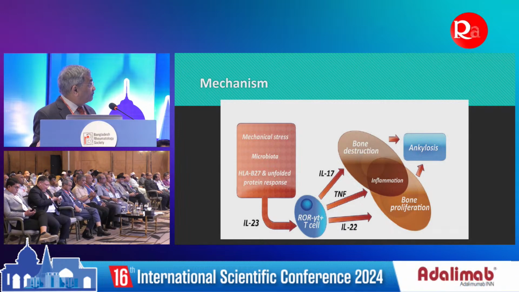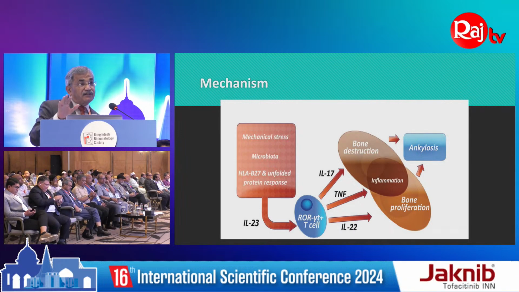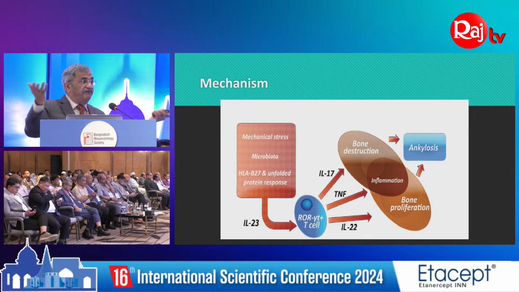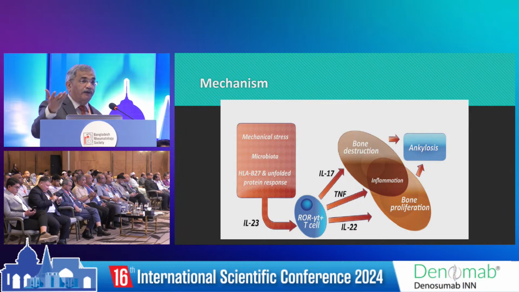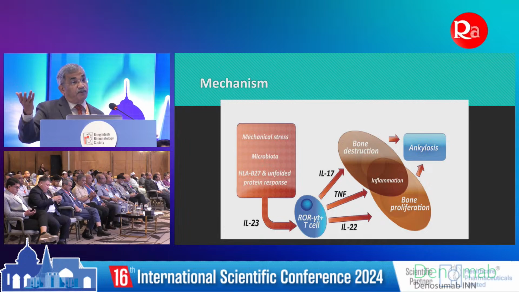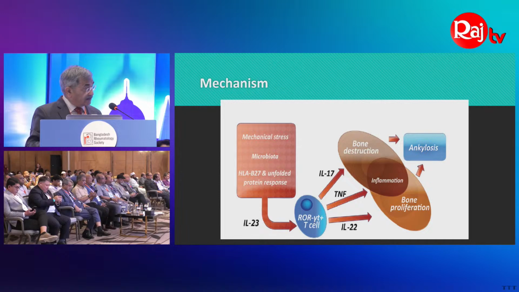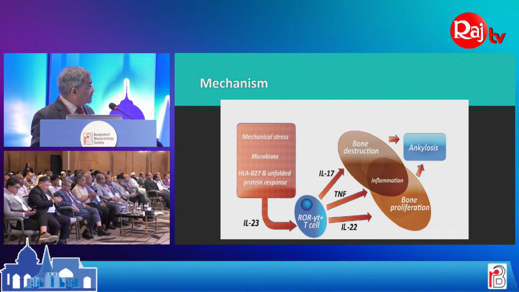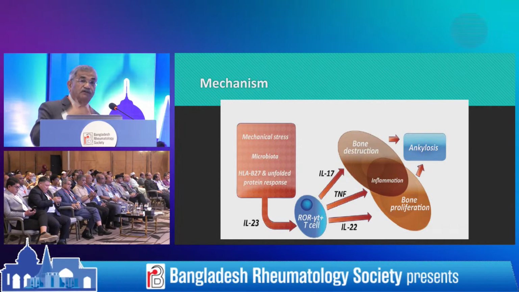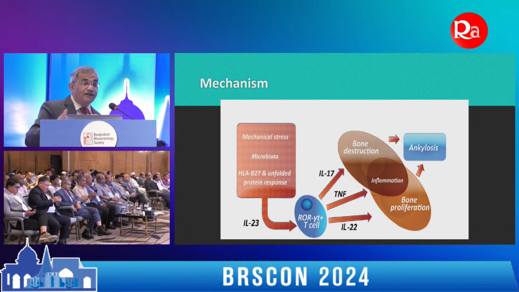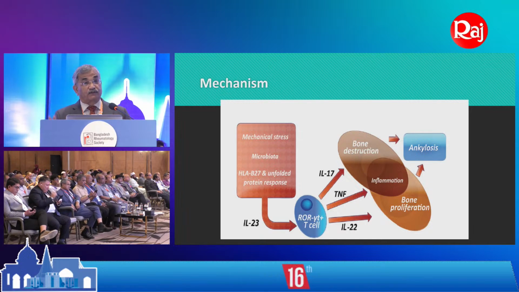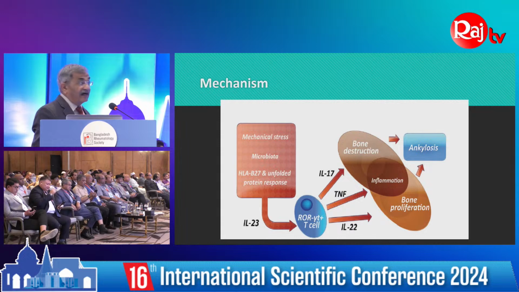So publication came. Then came, no, not TNF. It's not only TNF. About 40-50% of patients don't respond. Suppose 60% respond to TNF, 40% don't respond. So further research was done, and that was the IL-17, which we already know about. So now there are two molecules, one is TNF, and another is IL-17.